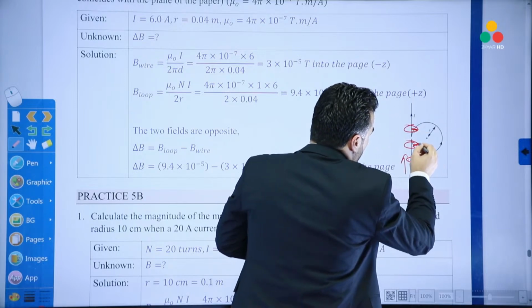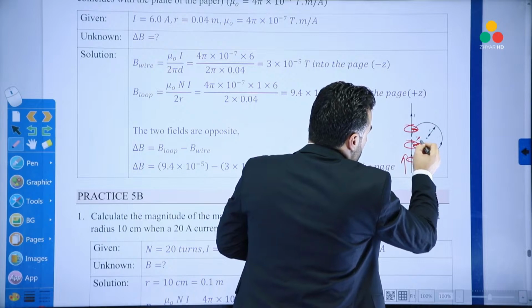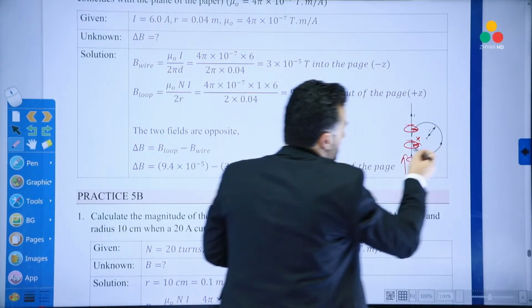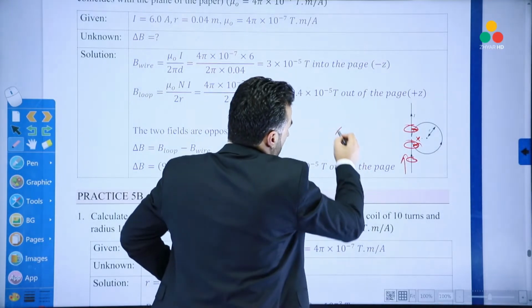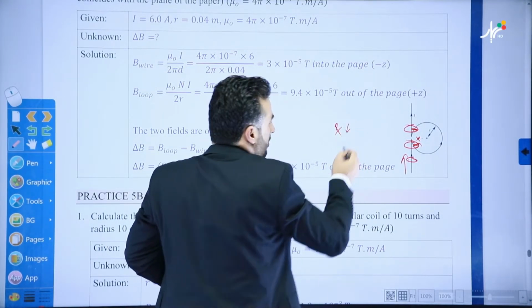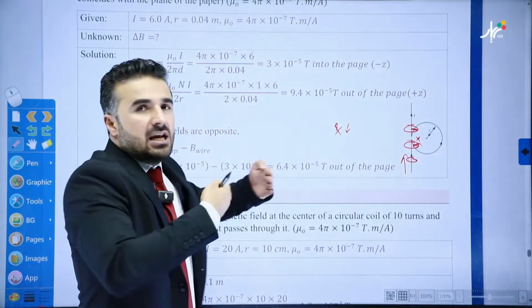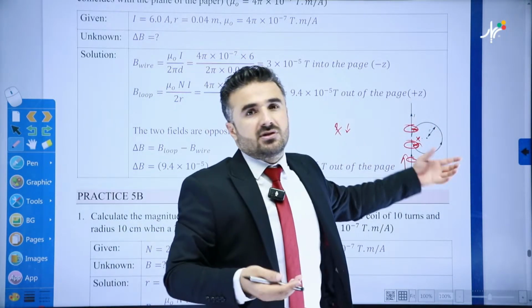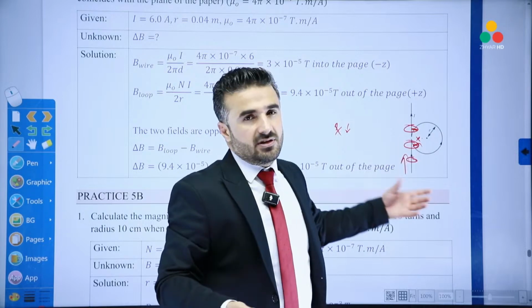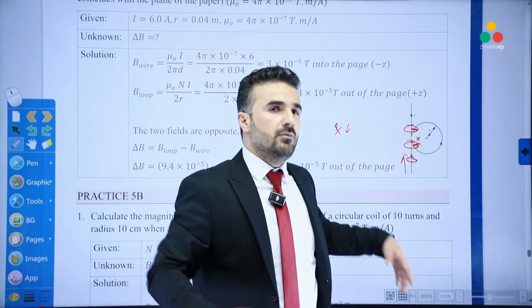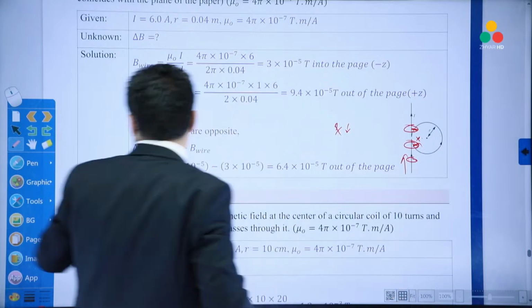So at a point here, the magnetic field for the wire is going into the page, but for the coil, it is going out. So these two are in opposite directions. And if these are in opposite directions, what do you do? Of course, you subtract them, and whatever is remaining, the final magnetic field is going to be in that direction.